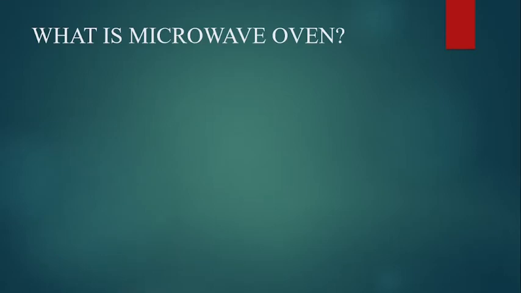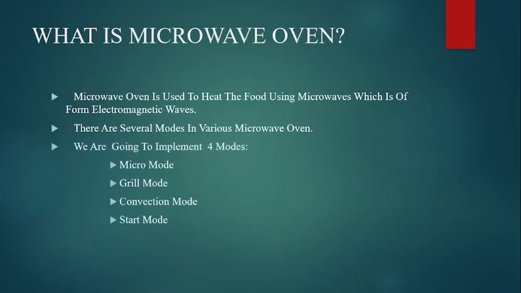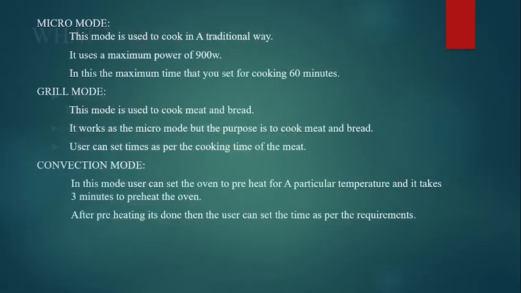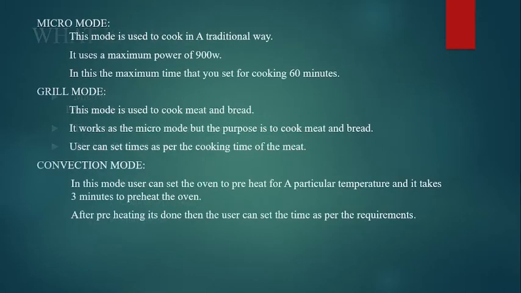Next, what is a microwave oven? A microwave oven is used to heat food using microwaves, which are a form of electromagnetic waves. There are several modes in various microwave ovens. We are going to implement 4 modes: microwave mode, grill mode, convection mode, start mode.